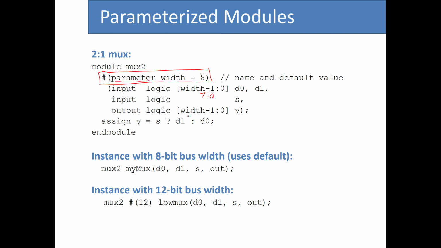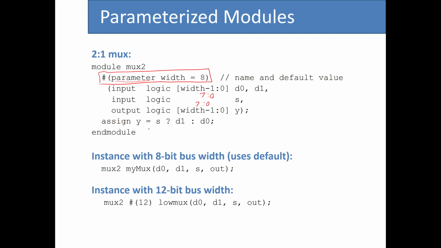And again, for the output, we have the size of the output to be width minus 1 colon 0. So that means that this is again going to be 7 colon 0. And then we just simply assign the output y using the ternary operator. So if s is 1, d1 is going to be assigned to y. If s is 0, d0 is going to be assigned to y.